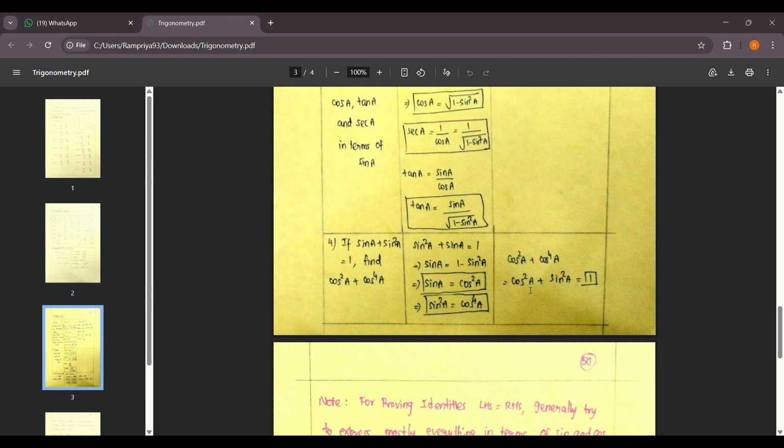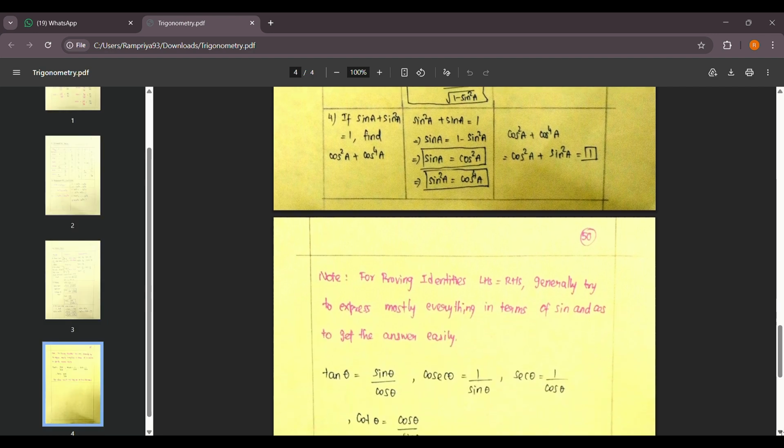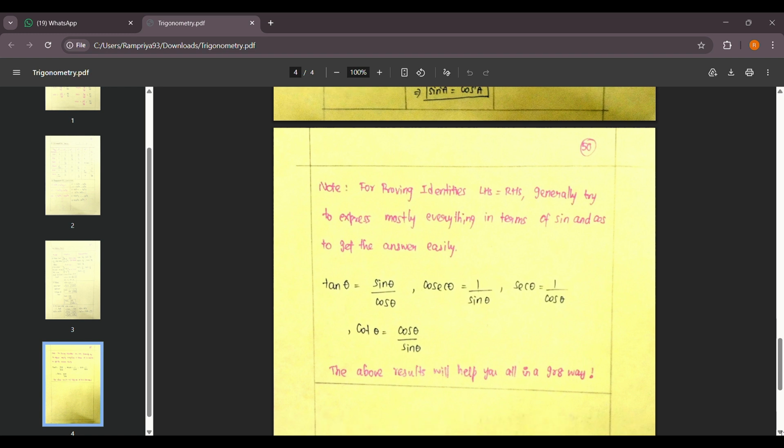Cos square A, you keep it as it is, and cos power 4A, instead of that you can write sin square A. So it will be cos square plus sin square, which is 1. So that's the answer.